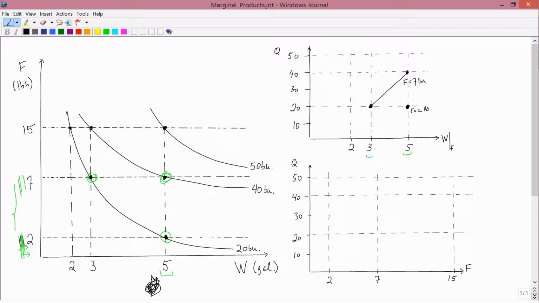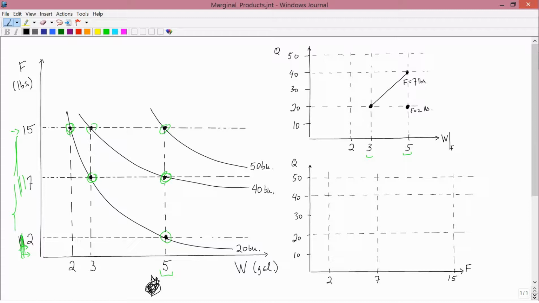Now let's bring the bulldozer back and have the bulldozer delete everything below 15 pounds. So now we have another cross section. This cross section has 3 observation points. The first observation point is where W equals 2, and at F equals 15 and W equals 2, that's this point, you can produce 20 bushels.